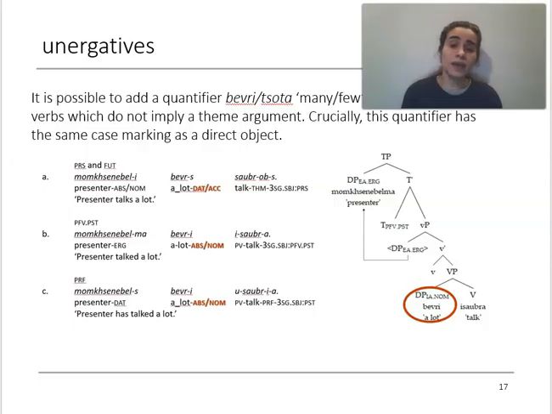My claim is that ergative verbs, which do not imply a theme argument, all can add this Beveridge-Sota to the structure. And we can see this from two points. They may think that this is just the residual of the cognate object.